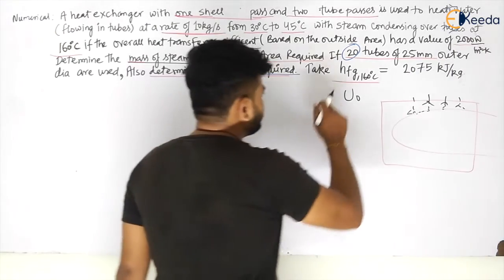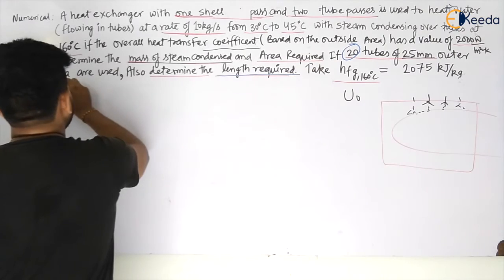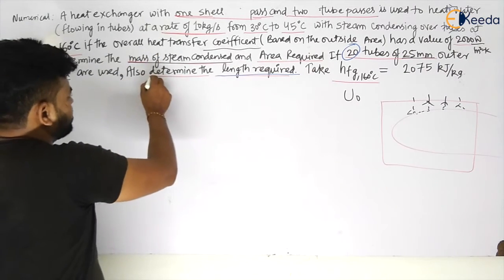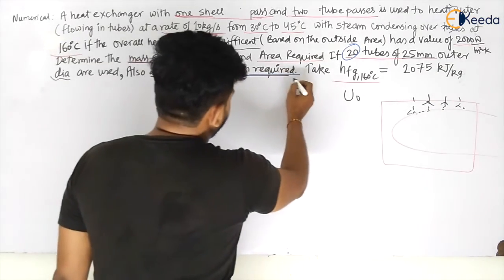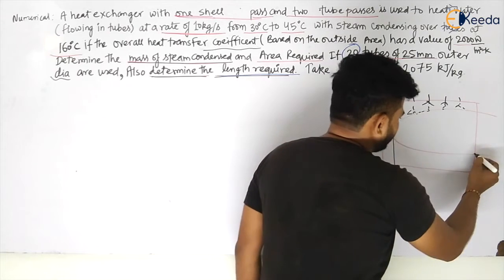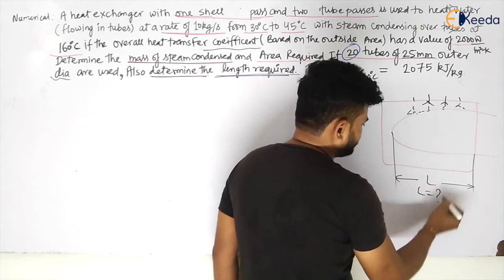If 20 tubes of 25 millimeter outer diameter are used, also determine the length required. So he is asking about the length of the tube, my dear students.